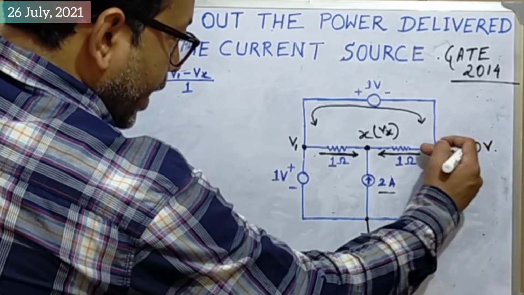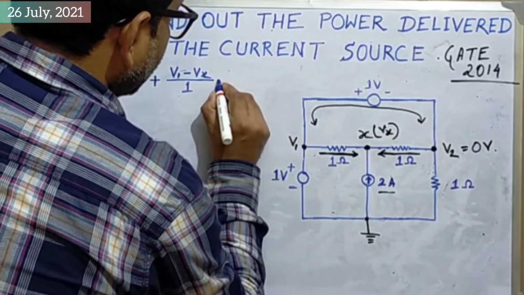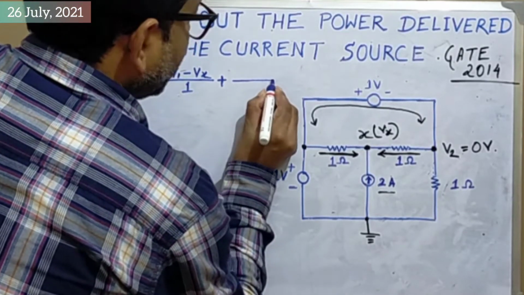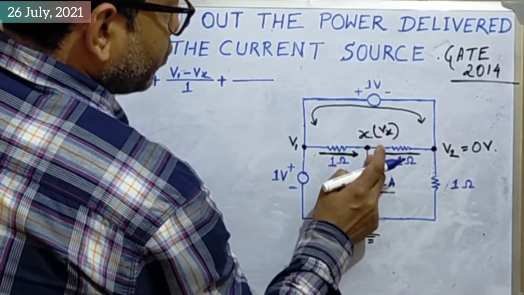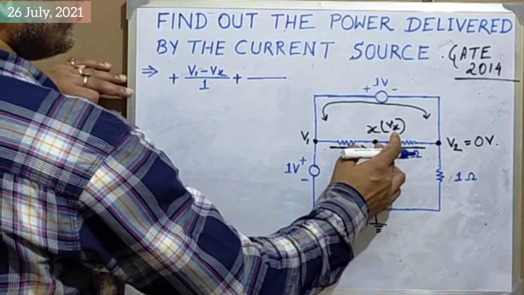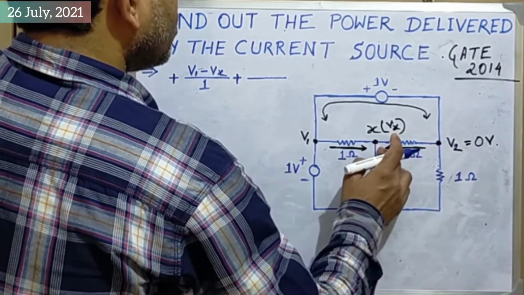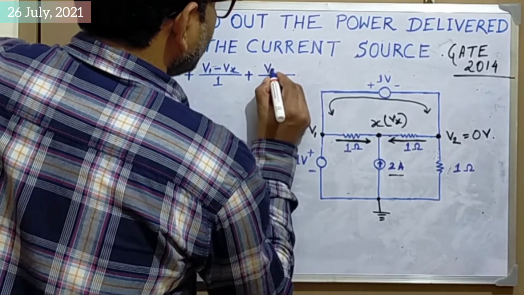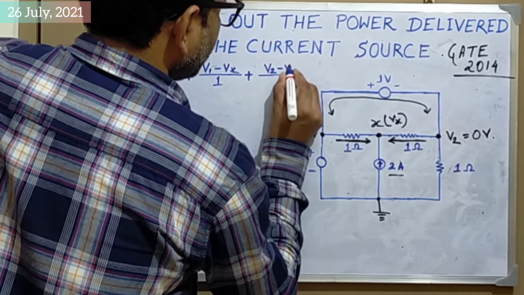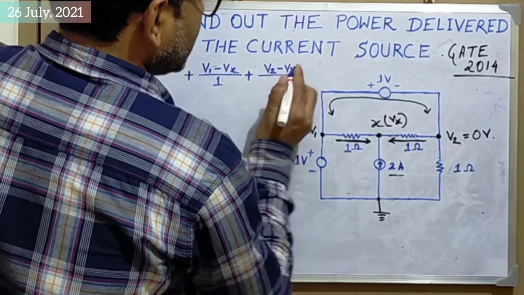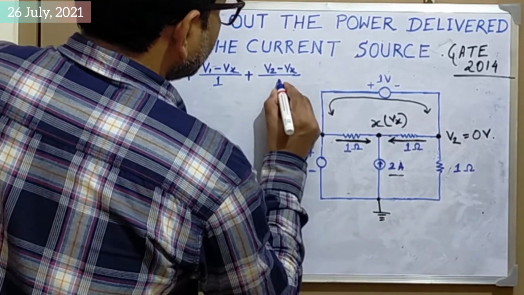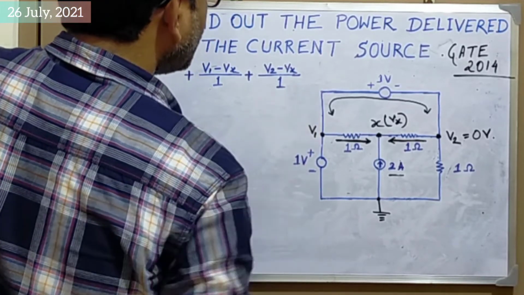Then again another current, that is again an entering current. That's why it is also considered as plus. Similarly, V2 should be greater than Vx, as current is flowing from this node to the X node. So the potential difference is V2 minus Vx, and then this potential difference will be divided by the resistance for this branch, which will give you the current.